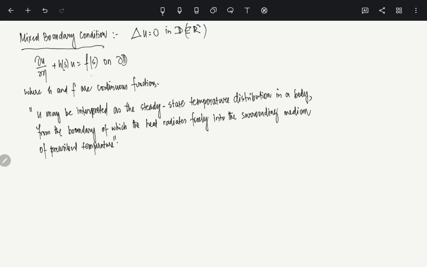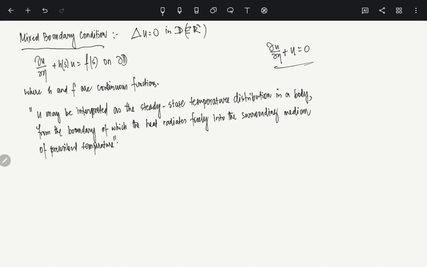So you see, this actually says if you take f to be 0, h to be 1. So essentially it says ∂u/∂η + u = 0. Yes, and if you think about it, it is basically saying ∂u/∂η = -u, right? So what does that mean? It means that the flow of u across the boundary in the direction η is basically proportional to u itself.